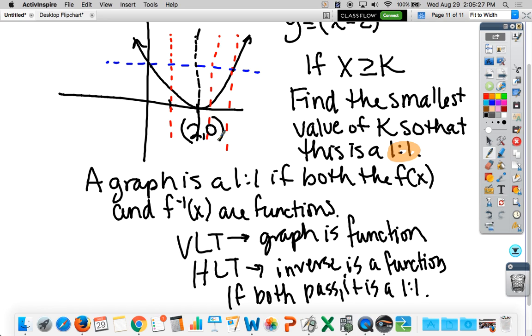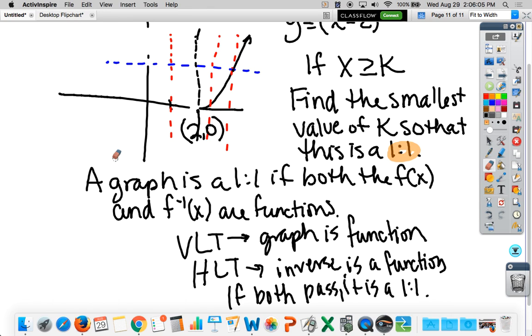Now, it's wanting all values of x greater than k, these positive values. So they want me to figure out the smallest value that would make this a function. That means they want me to get rid of that part of my graph. If I got rid of that part of my graph, would this now be a one-to-one?